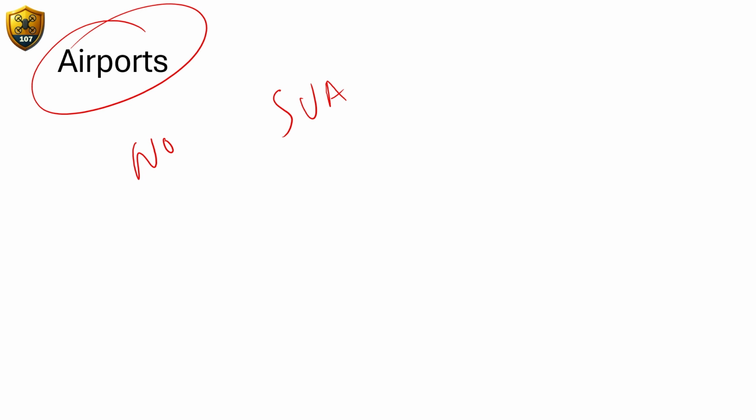For airports, heliports, or seaplane bases, it's better to avoid operating unless we have proper authorization and we are aware of the air traffic going around. So we can use a radio that allows us to listen to the air traffic controller's messages and identify the traffic around the area.